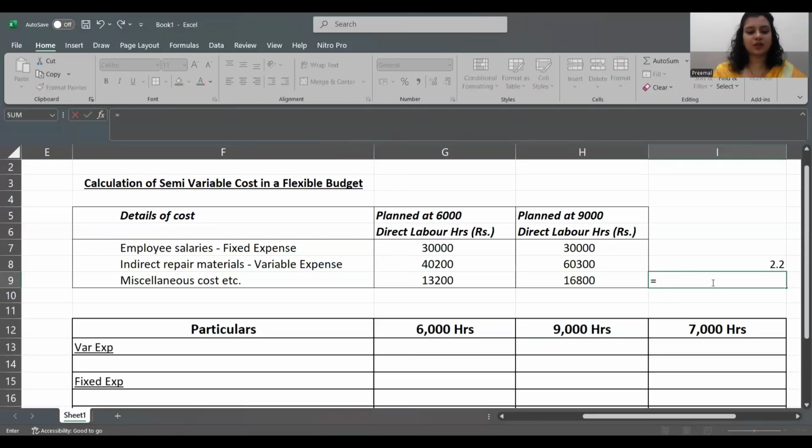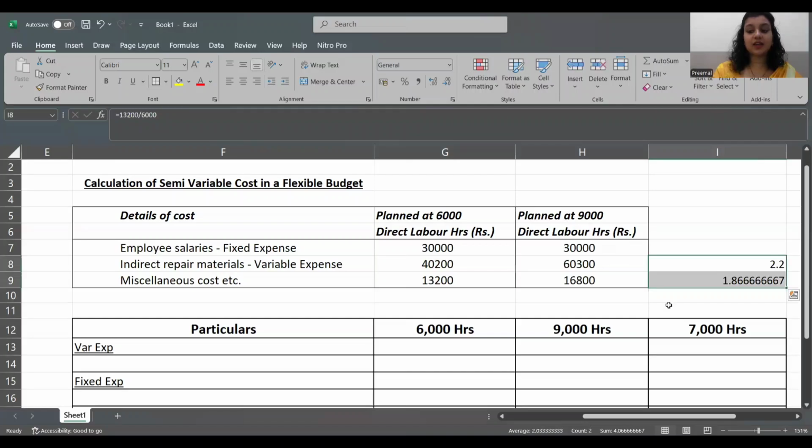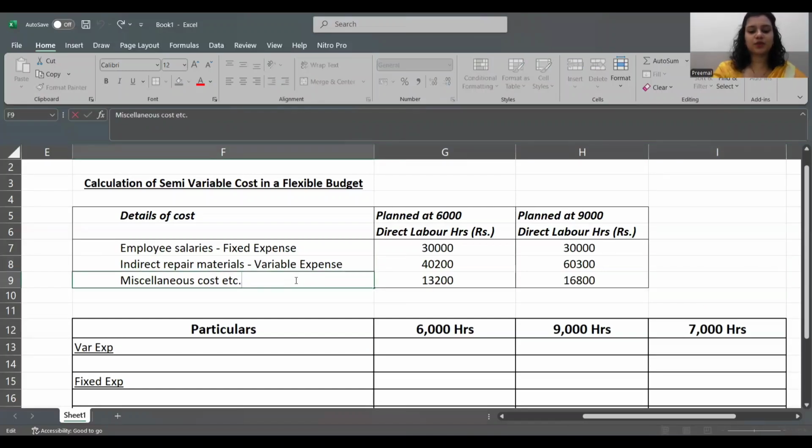In case of 9,000 hours, 16,800 divided by 9,000 will give me 1.86. So clearly the costs per unit are not the same. So for an expense, if both the amounts and the cost per unit are not the same, then it becomes a semi-variable expense. So I'm going to write miscellaneous expense as a semi-variable expense.